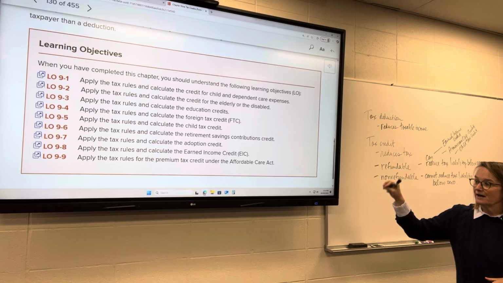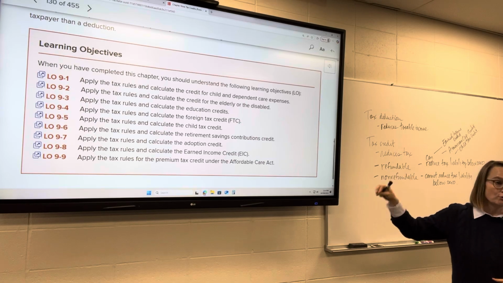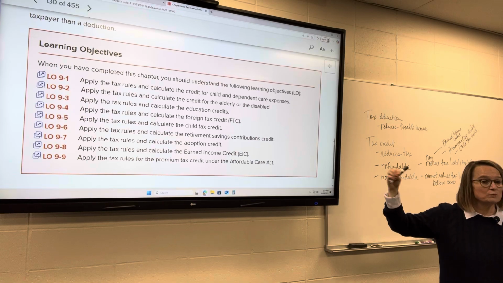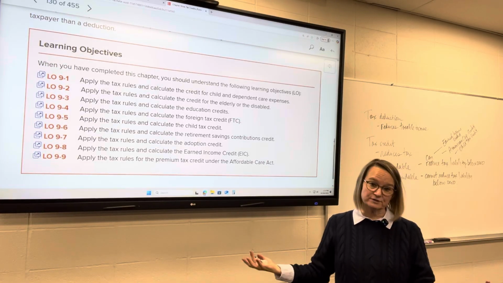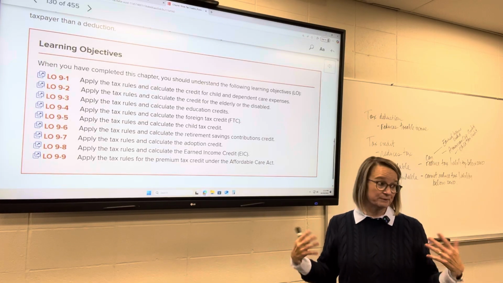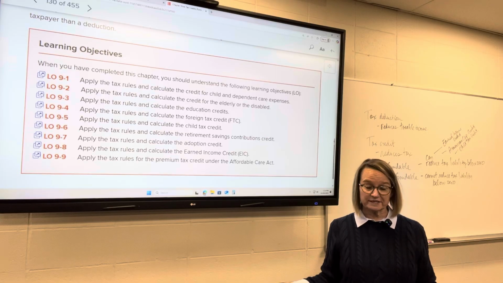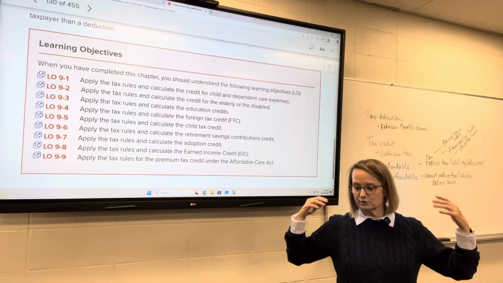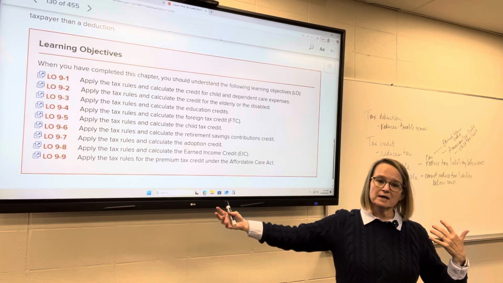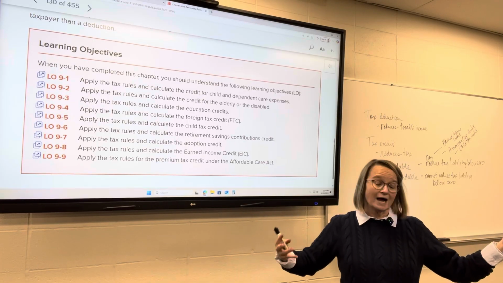But there is a fight going on over these subsidies because they were increased during COVID, but the increase expires at the end of this year. That was built into the original bill. The Democrats want to extend them. The Republicans have not said, no, we're not going to extend them.